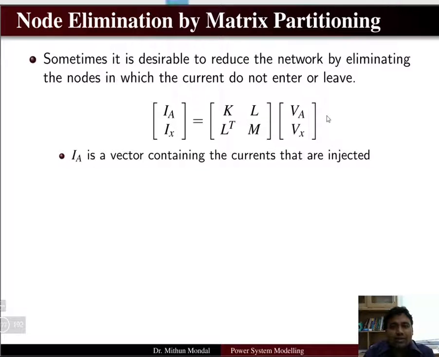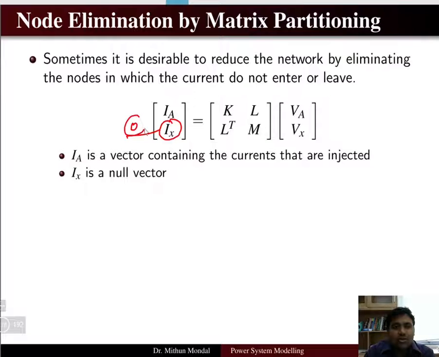So we can do that using a relationship with this. All the current is on this side and voltage is on this side. So this is your I-bus. Ia is basically the vector containing the currents that are injected, and Ix is the null vector. So here all Ix will be 0. All the buses where there is no current entering or leaving the node, we can make that current 0.